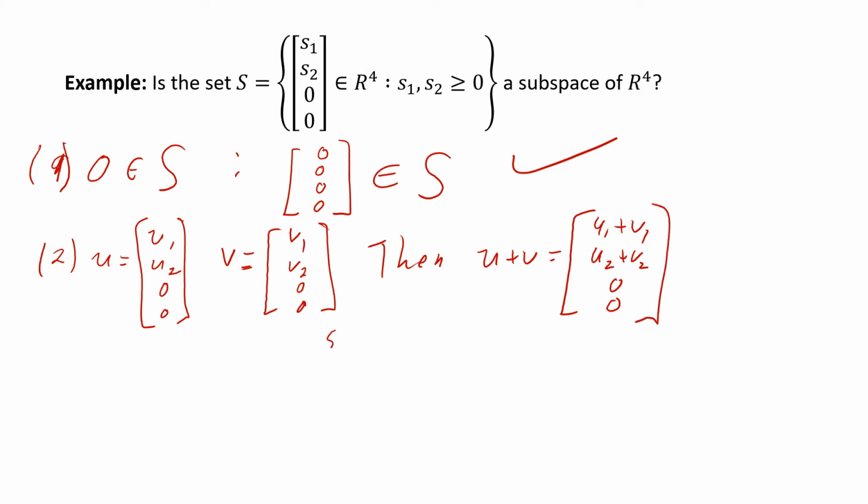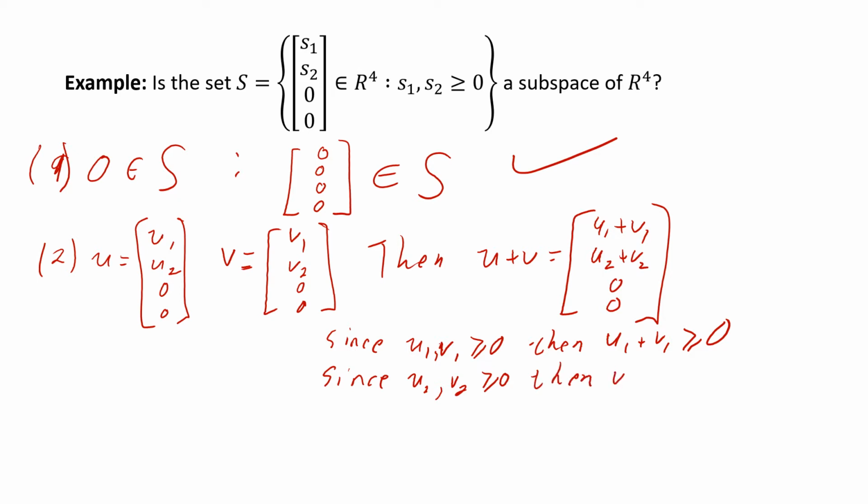Well, since u1 and v1 are greater than or equal to 0, then u1 plus v1 is also greater than or equal to 0. And since u2 and v2 are greater than or equal to 0, then u2 plus v2 is greater than or equal to 0. So see, it satisfies that. It is closed under vector addition.